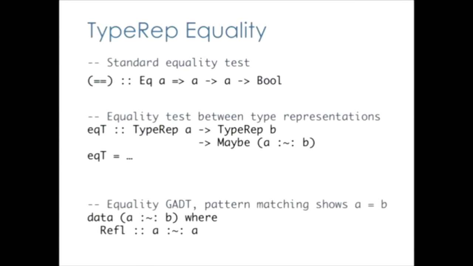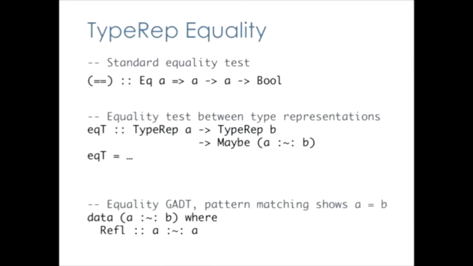Here is an equals that's just for type representations. I call it eqT, the T for type representations. But notice that it has different types of arguments, TypeRep A and TypeRep B. So eqT will allow us to compare two different types and see if they are the same representation.